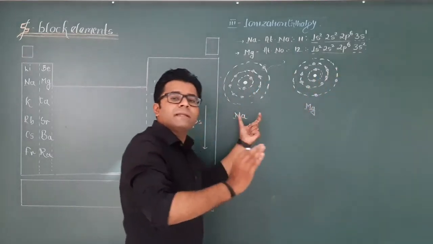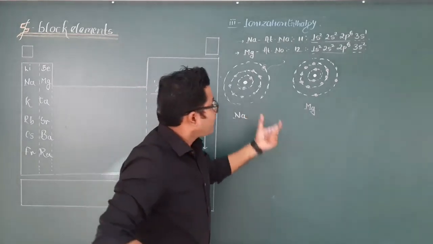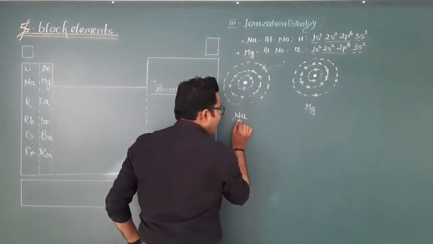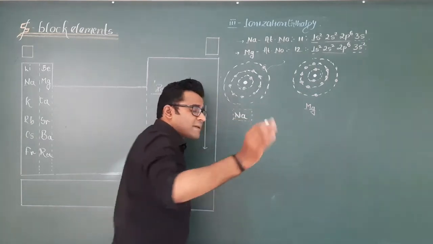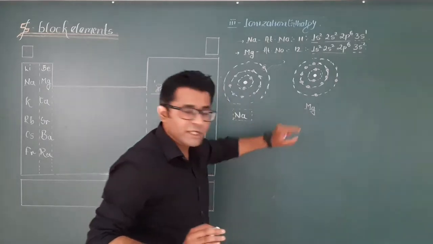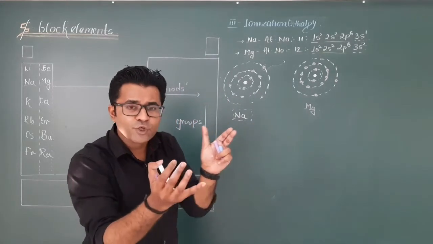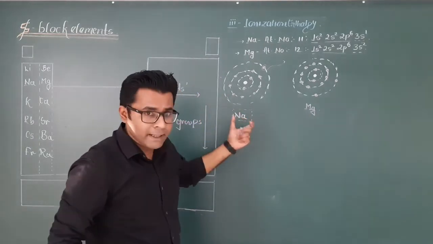Therefore it will be quite stable in its Na+1 state. Of course, you need to supply a certain amount of energy. But in the case of magnesium, the size has already shrunk. The size of the atom is smaller than that of the alkali metals.